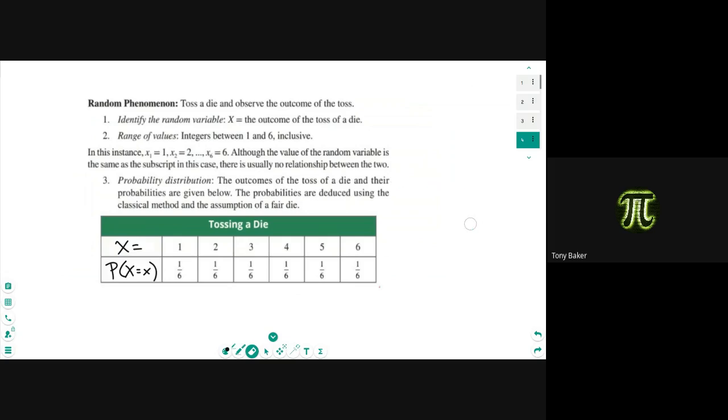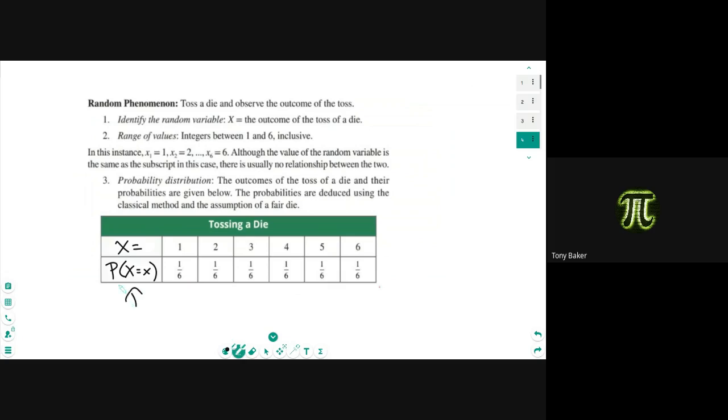Probability distribution sometimes is difficult, or sometimes you actually can't do it based on what random phenomenon you're looking at. In this one, we actually can. So you'll notice that the first line here is x equals. That is your variable. That is your random variable. So we have 1, 2, 3, 4, 5, and 6. The probability of each of those, you'll notice that this is how it's actually written.